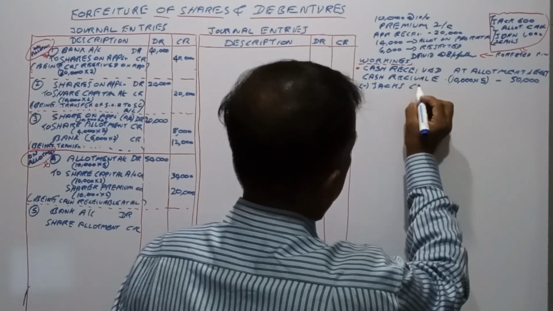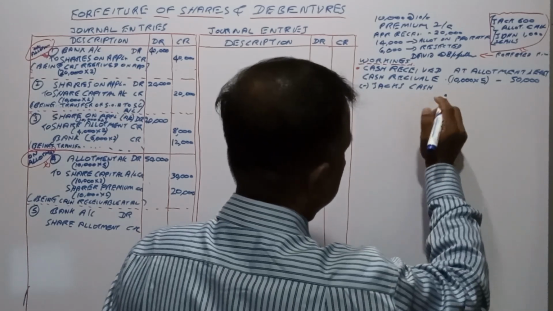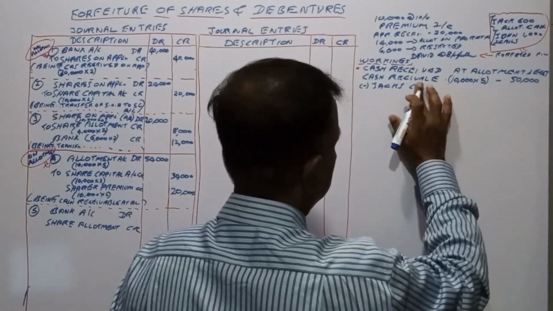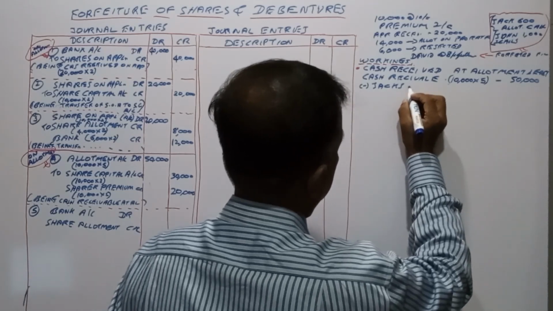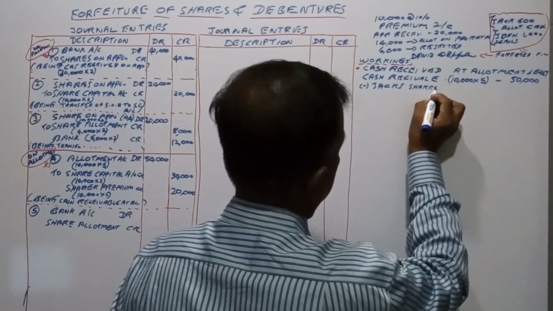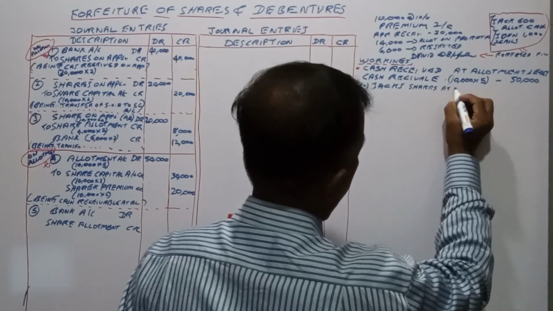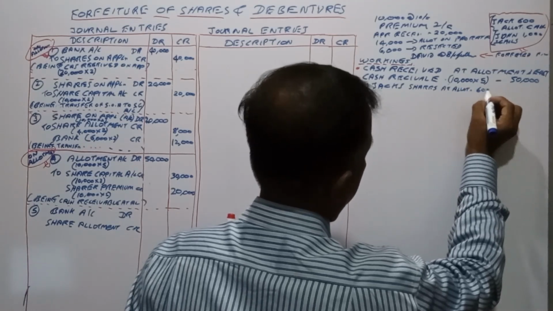Jack's shares at allotment level is 600.